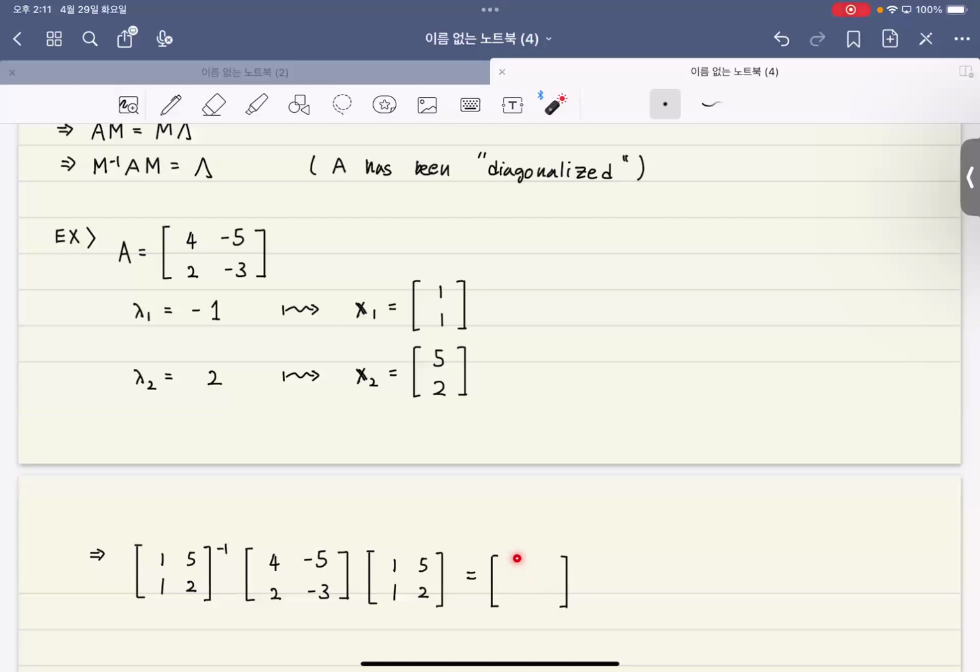This guy must be -1, this guy has to be 2, and all the other entries should be 0. So -1, 0, 0, and 2.